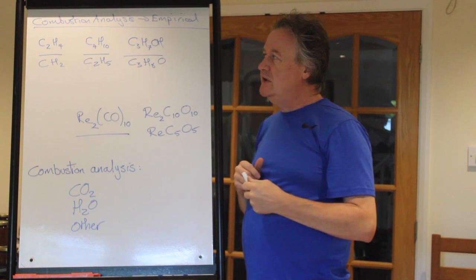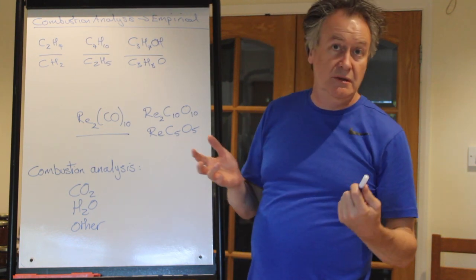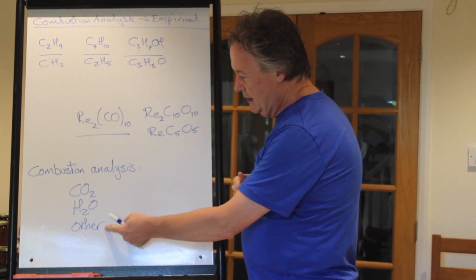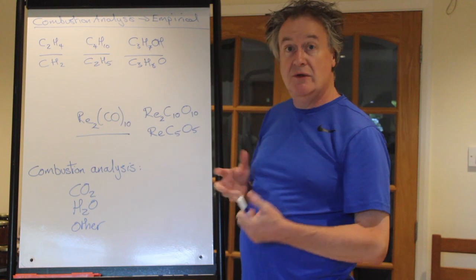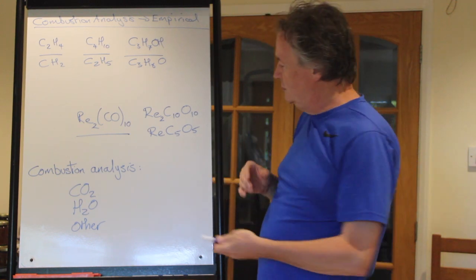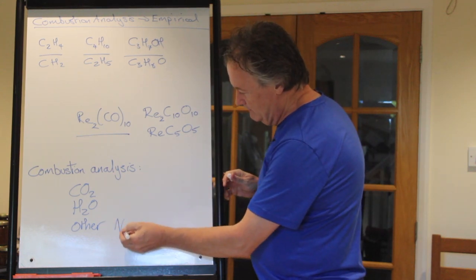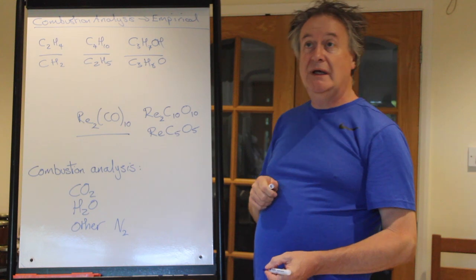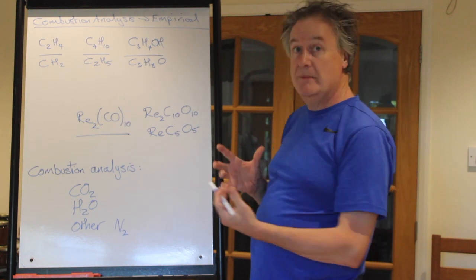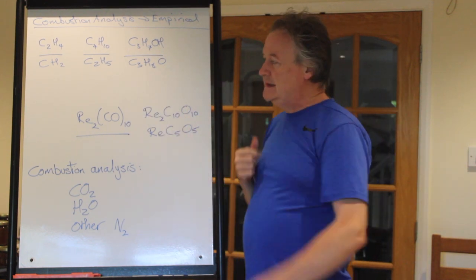If you come outside that and you have something perhaps with nitrogen in the structure, which you do get at A level, you get amines, and when you burn those, apart from CO2 and H2O, you get nitrogen, N2. It's not high enough temperature to produce nitrogen oxides. If you did this with a halogen, you might get Cl2 or Br2 come out, and you would have the mass of those collected and given to you in the question. So that's the setup.